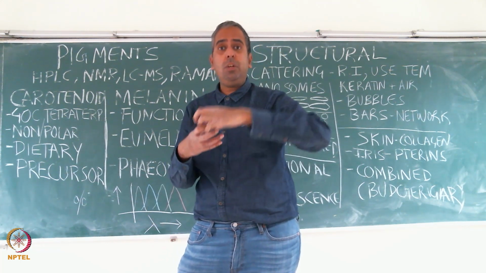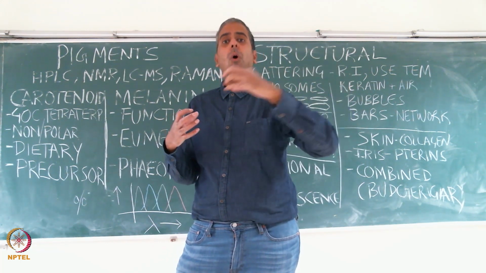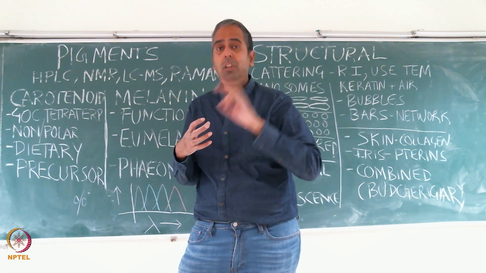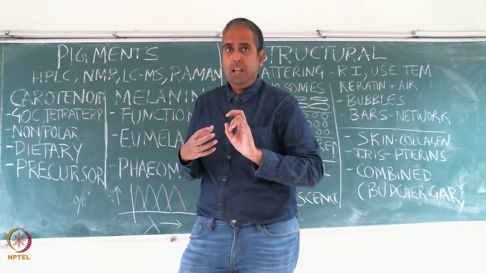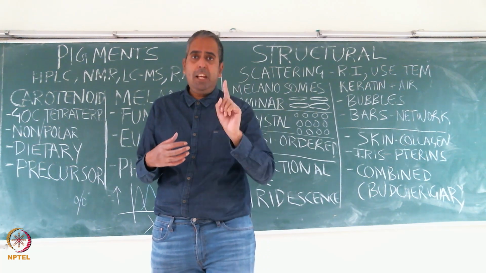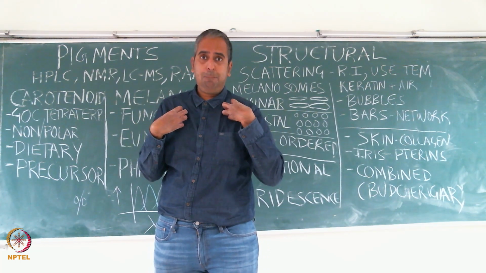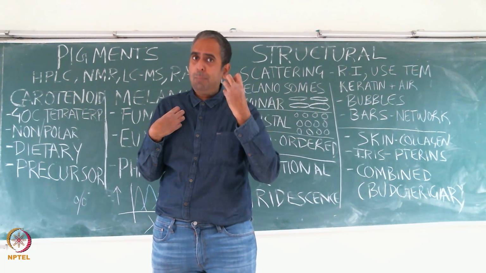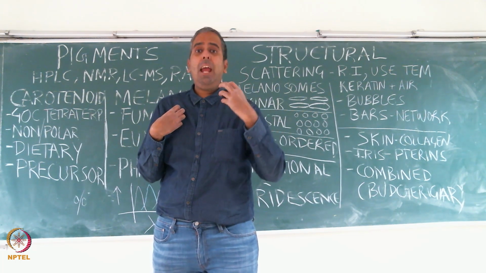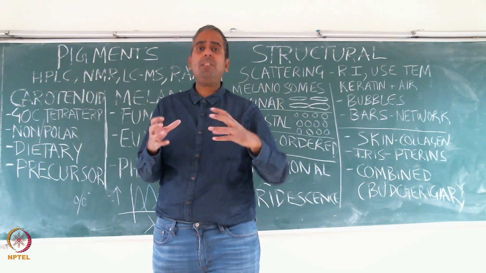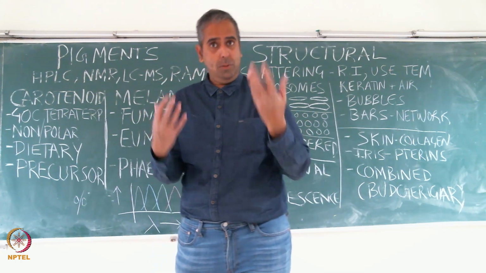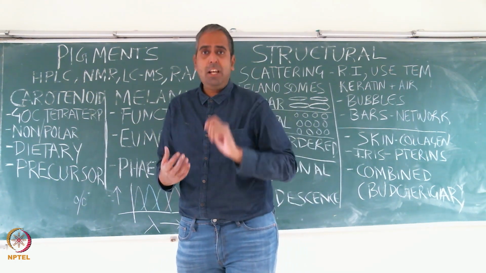So feathers are either uniformly colored with them or not at all. Remember these two things. If you were to feed a bird carotenoids, it will put them into its feathers. If you don't feed a bird a source of carotenoids, it will not be able to put them into its feathers, and the feathers will become white and lose the color. That is very important to remember.